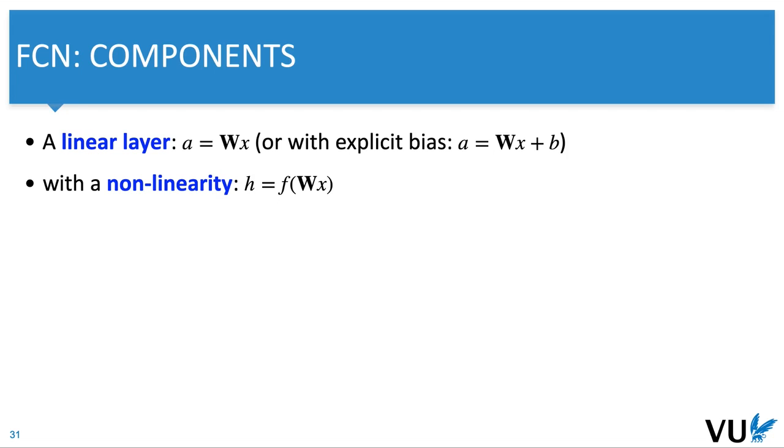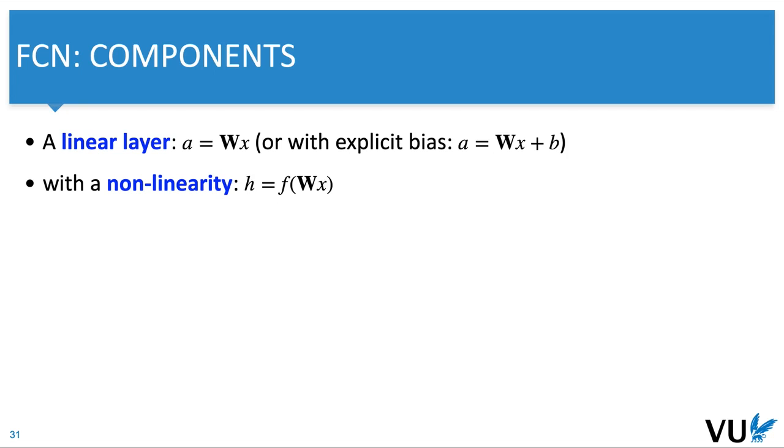By linear layer, we mean that we multiply X with some weight matrix, and by specifying one dimension of this weight matrix, we define how many hidden neurons we have.